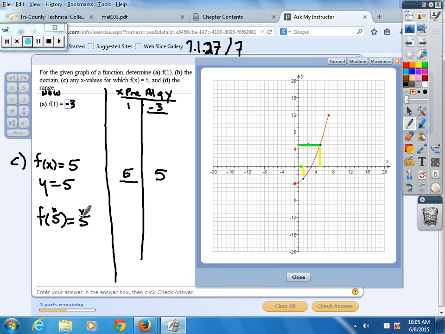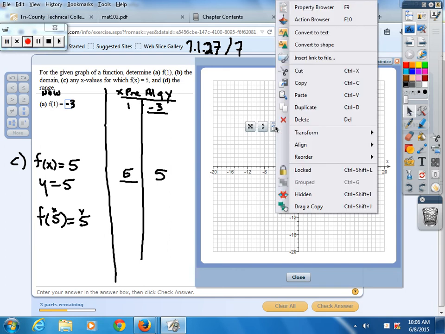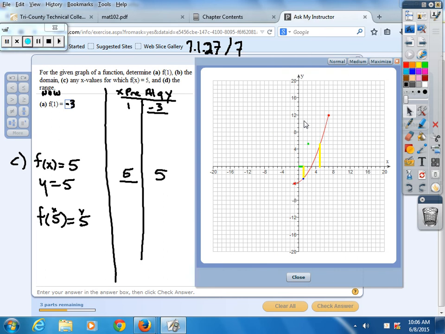Now, for the domain, as I showed y'all the other day, when you're dealing with domain, we always read which way? Left to right.